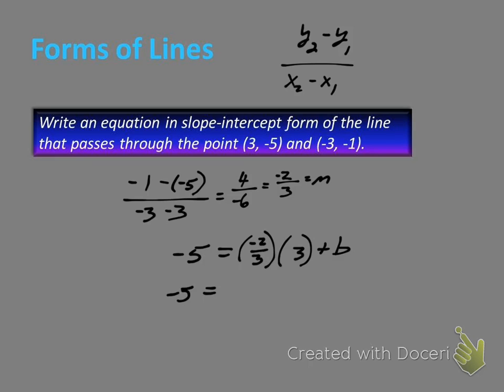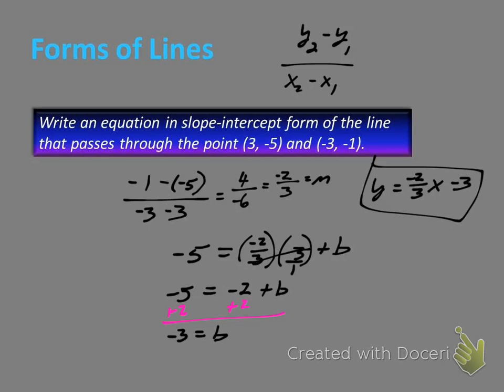Everybody good? The 3's cancel out like that. And then add 2 to both sides. So b is negative 3. Good. And then step 3, rewrite. So it's y equals negative 2/3 x minus 3.